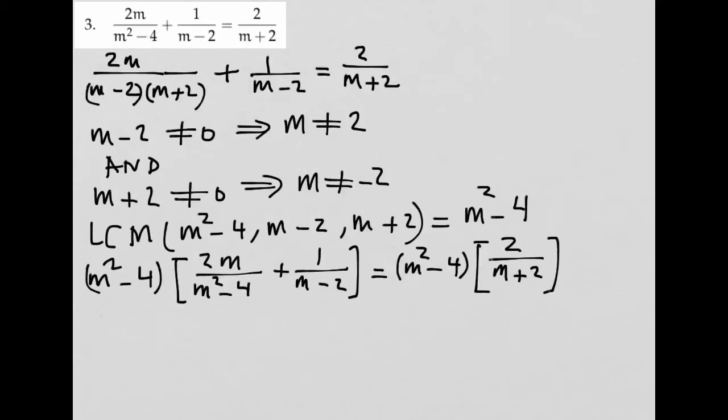Remember that m squared minus 4 is equal to m minus 2 times m plus 2. On the left-hand side, m squared minus 4 times 2m over m squared minus 4, that's 2m, plus m squared minus 4 times 1 over m minus 2, that's equal to m plus 2.